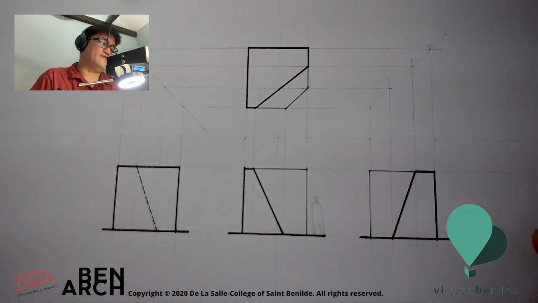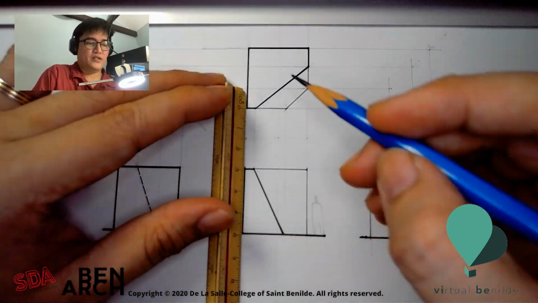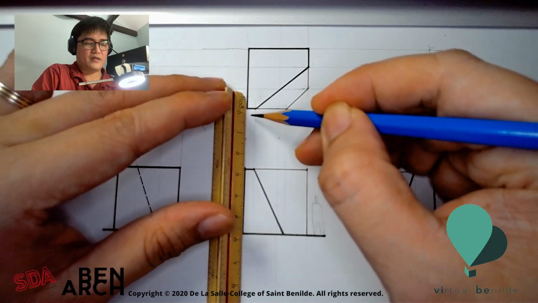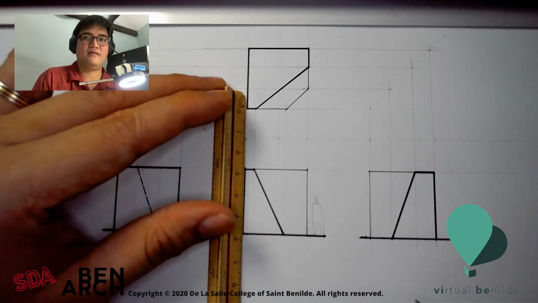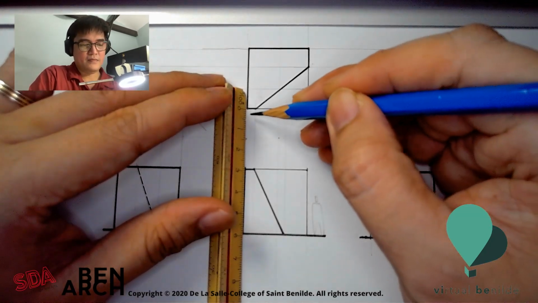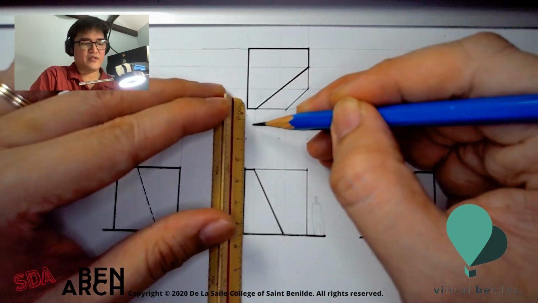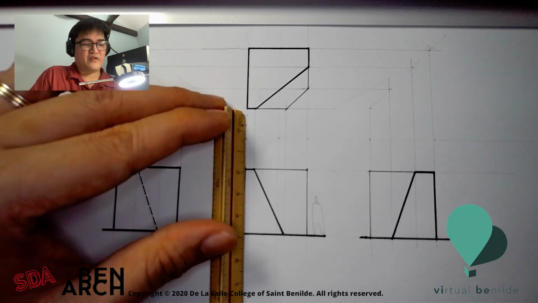Now for the lettering. Taking a centimeter or your 1 to 100, I need a 5 millimeter height of lettering. So here, the minimum is going to be 2.5 millimeters, and I'm going to create that 5 millimeter height.